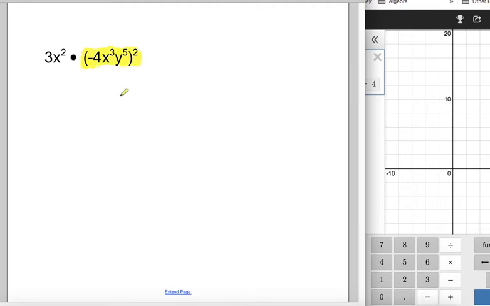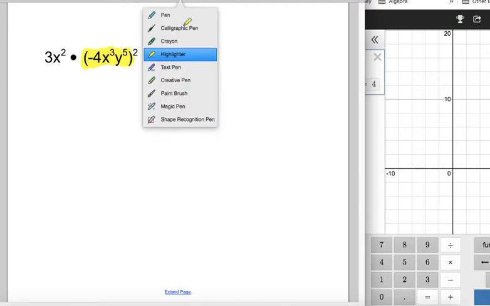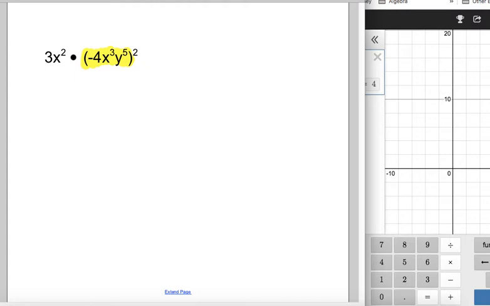And the parentheses we have here is the negative 4x to the 3rd, y to the 5th, and it is getting a power of 2. So we're going to be dealing with this exponent of 2 here and applying this power to each piece. So this is the first thing that we're going to simplify.